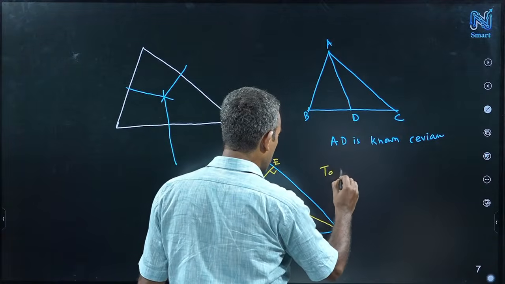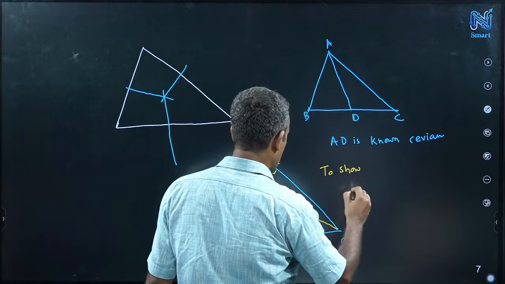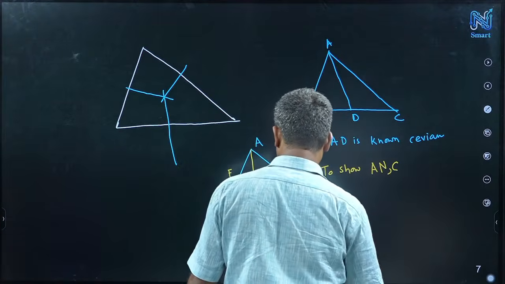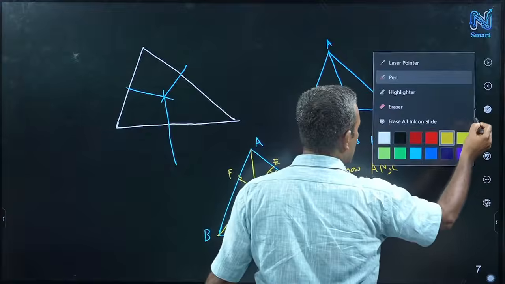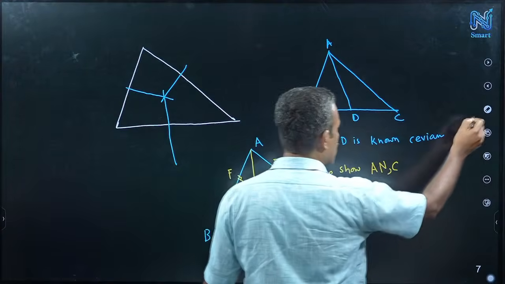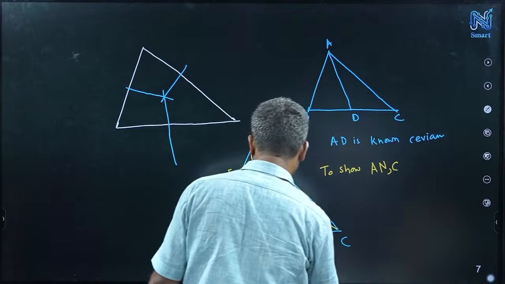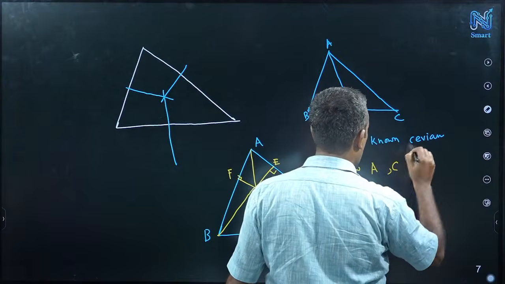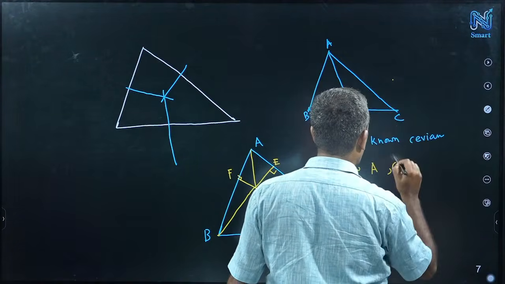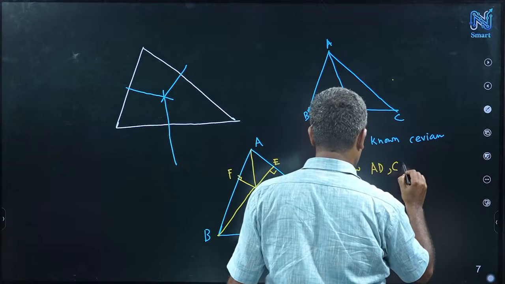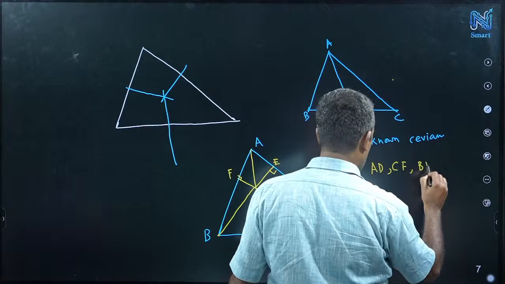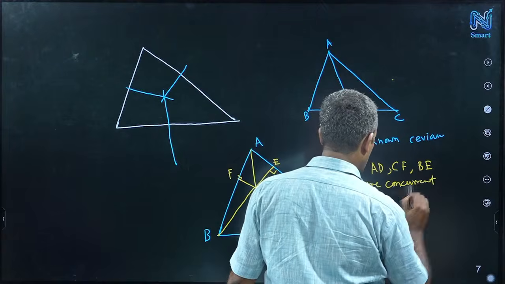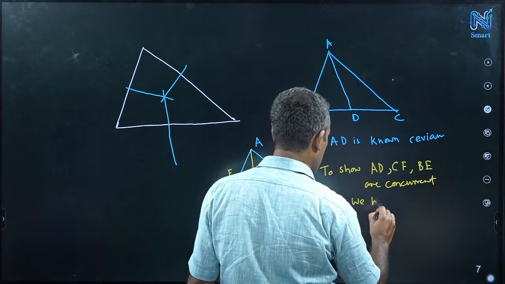For the sake of notation, we name it as D. To show that AD, CF and B are concurrent, what do we have to show?